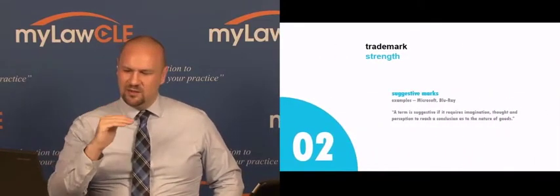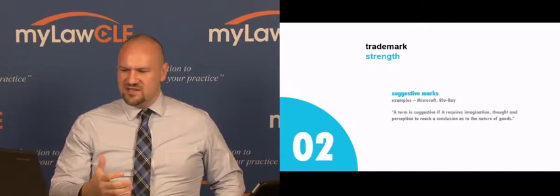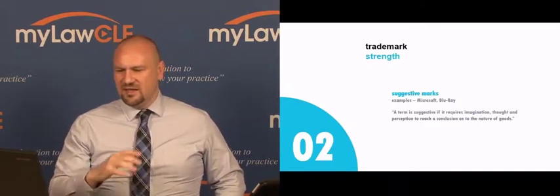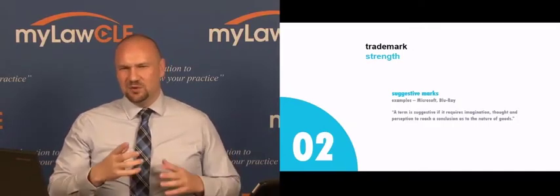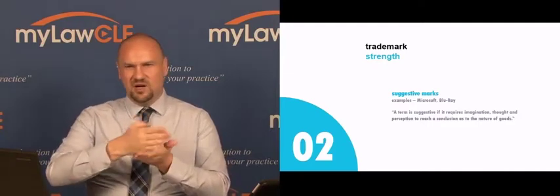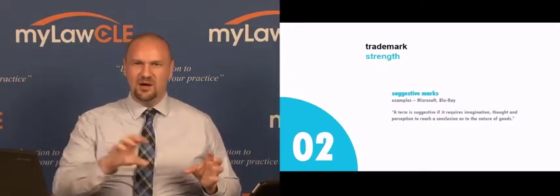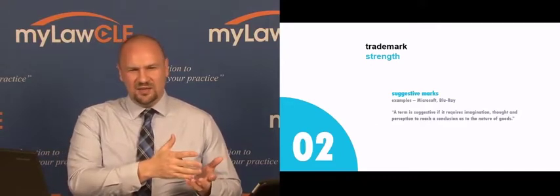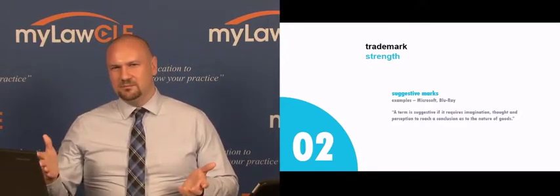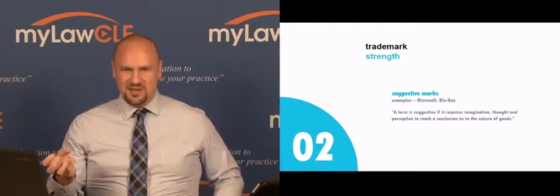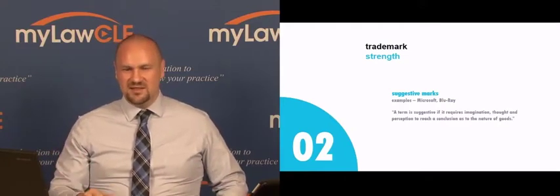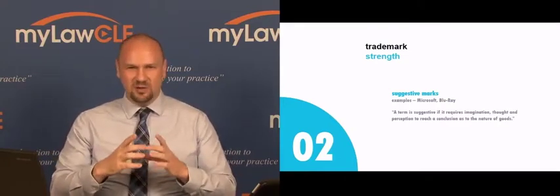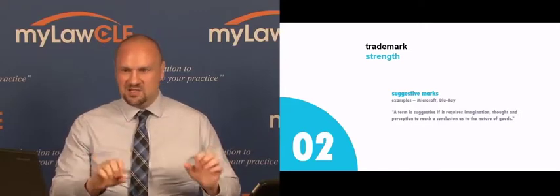The next lower level is what's called suggestive marks. So these are marks like Microsoft or Blu-ray. Now Blu-ray, they require some sort of jump in logic between the mark and the actual product. So for Blu-ray, the name is describing the blue laser that's within the thing that reads the disc, but the disc itself, you call that Blu-ray, and there's sort of that leap in logic that you need to do.